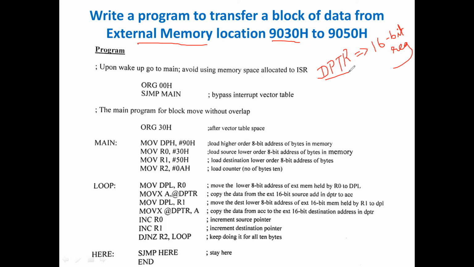If you have a memory, this is your external RAM. A memory pointer points to the particular location where you are going to fetch or insert data. Whatever data is in the DPTR will be pointing as a memory address, a 16-bit address.